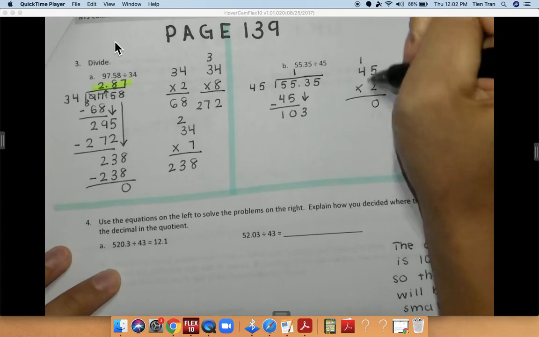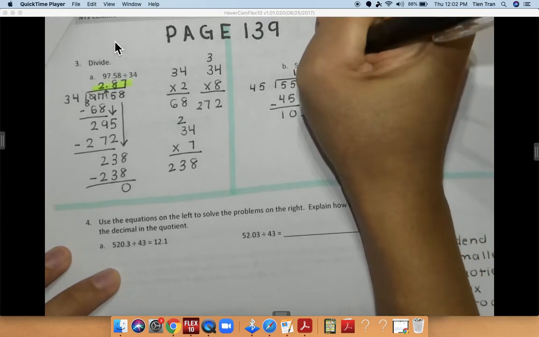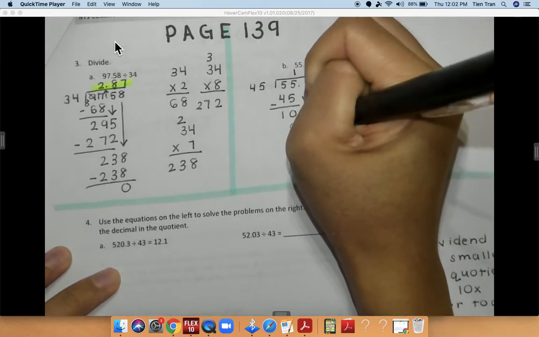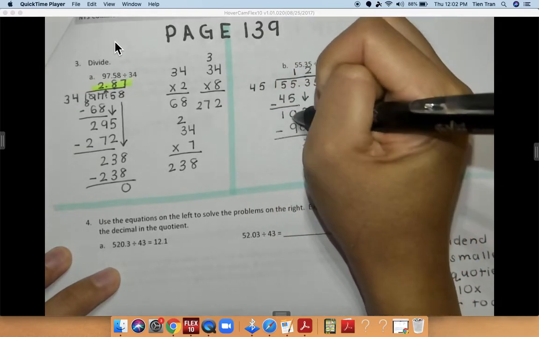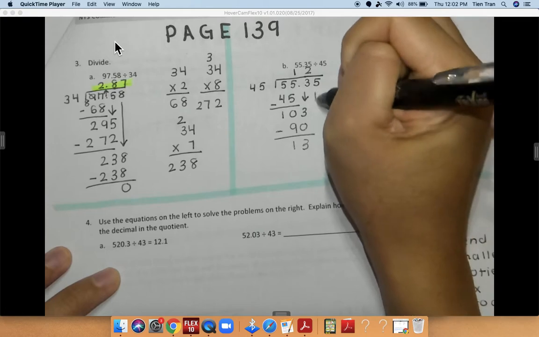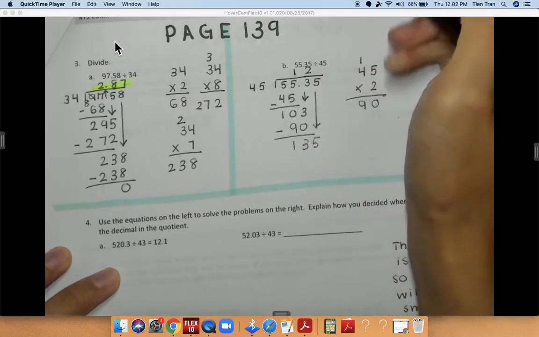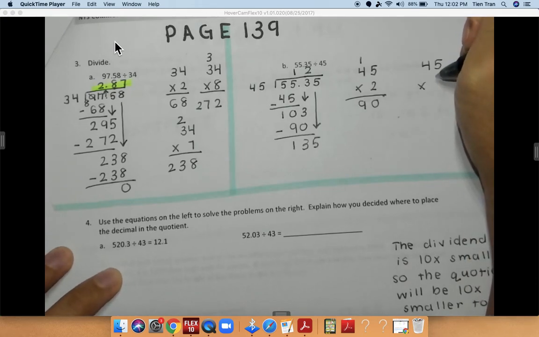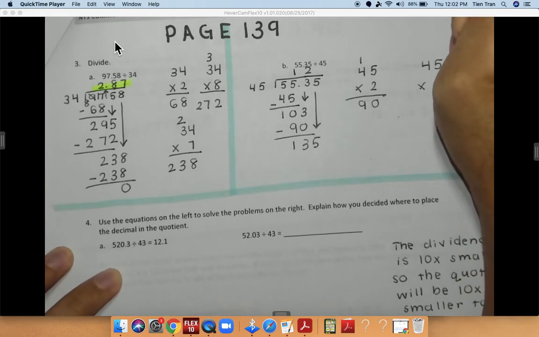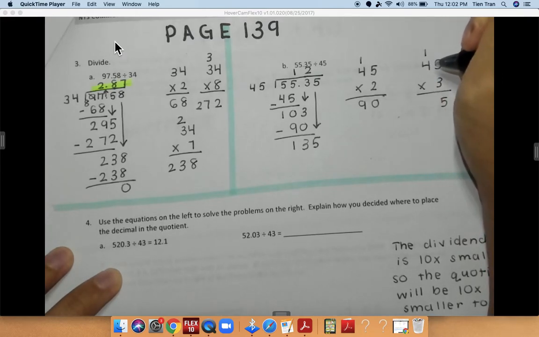4 times 2 is 8. Plus 1 is 9. I'm going to use that. 103 minus 90. 3 minus 0 is equal to 3. 10 minus 9 is equal to 1. Bring down your 5. Now we need to figure out how many times can 45 go into 135. Possibly about 3 times. 5 times 3 is 15. 3 times 4 is 12.